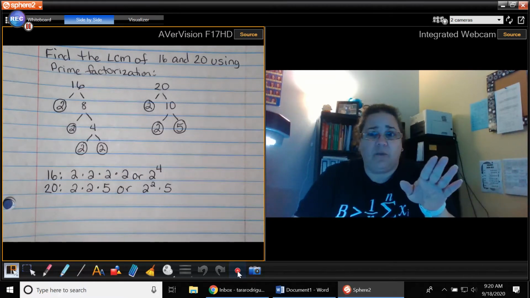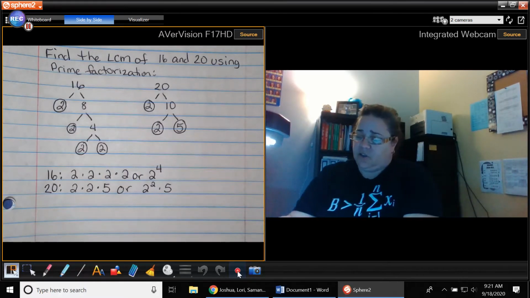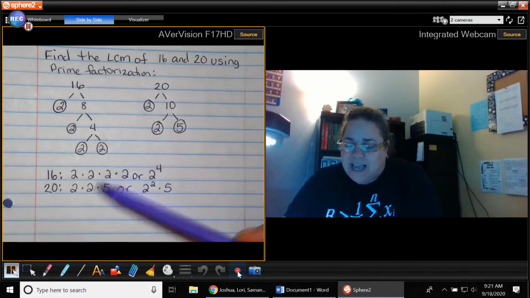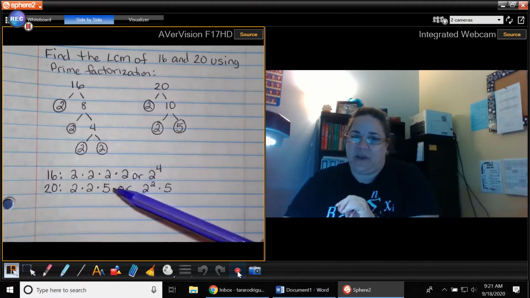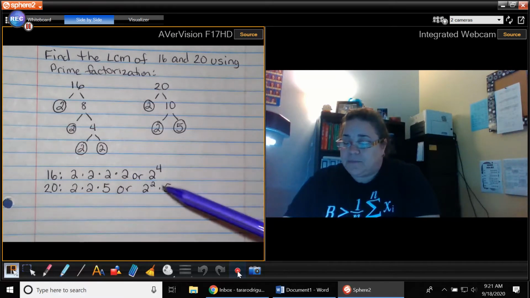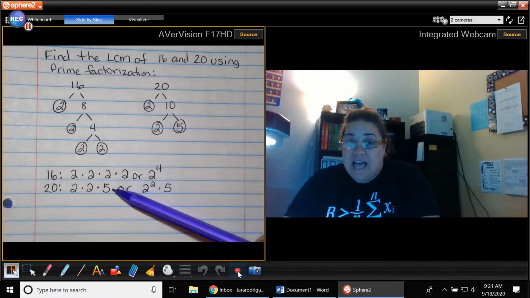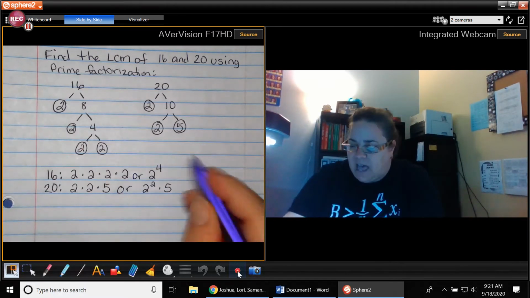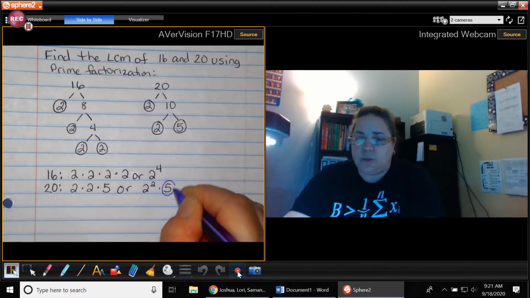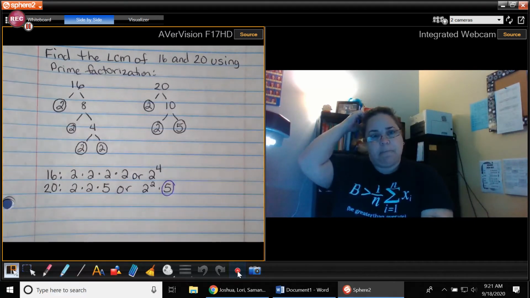It is not repeated in the other one, okay? So when I look at this one, I see I have 2's in both. So 2 is not unique, okay? But for 20, 5 is a prime factor for 20, right? So I'm going to go ahead and circle my 5. I'm going to use that 5, okay?